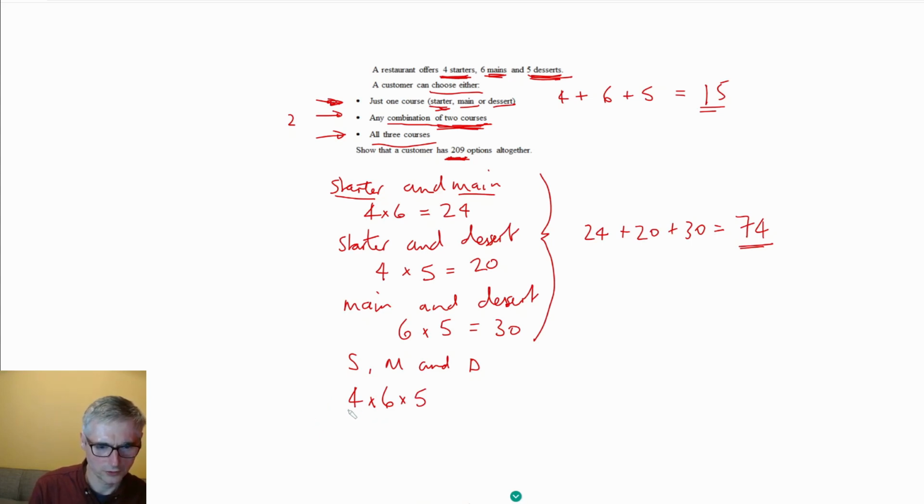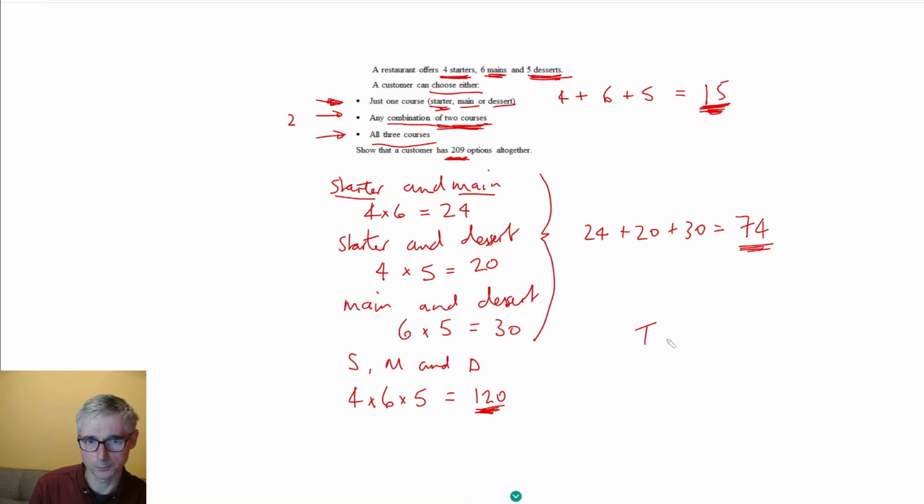So we've got 4 sixes is 24, times by 5 is 120. So finally, these are our numbers of different combinations for each one of these 3 options.